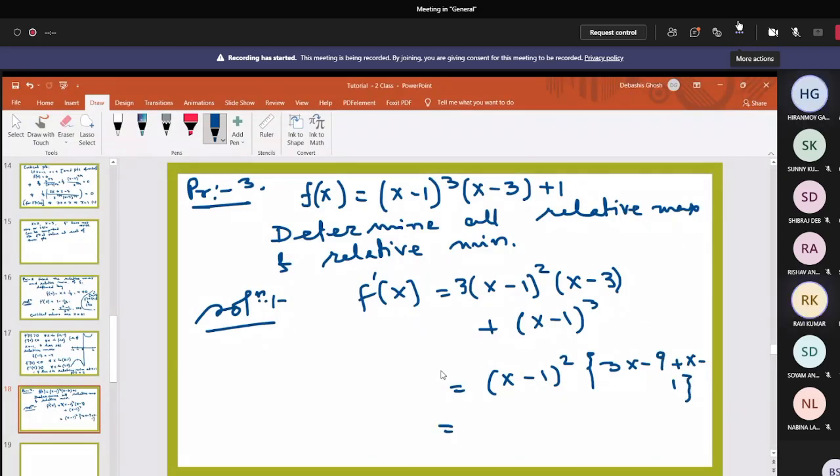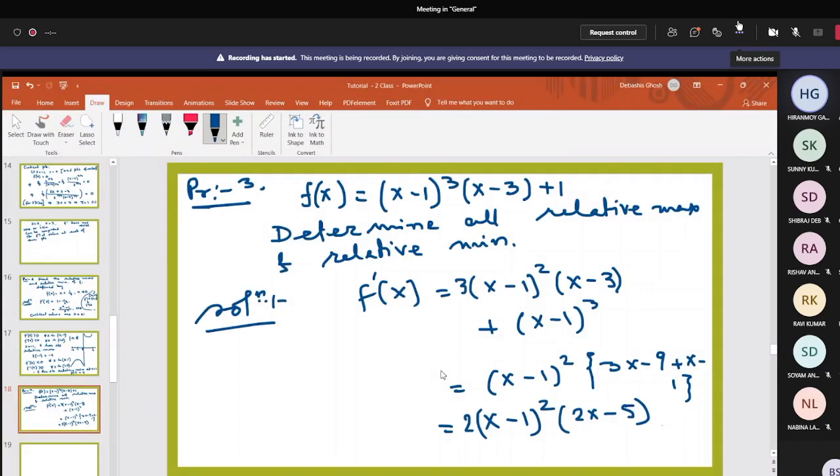That comes to (x minus 1) square times 4x minus 10. We can take 2 common, so it is 2 into (2x minus 5). Now this one exists for all values of x.